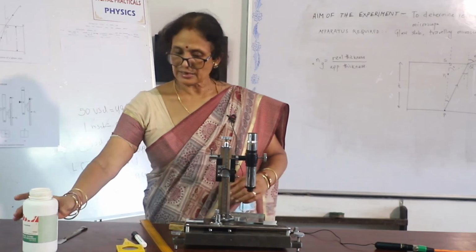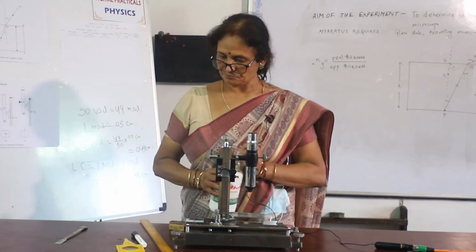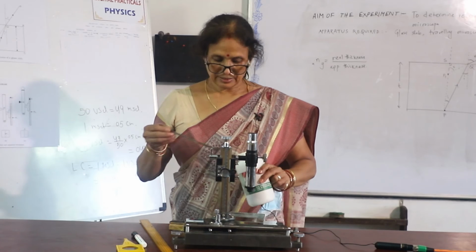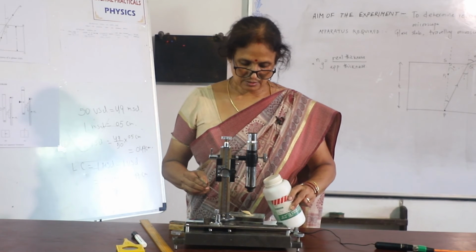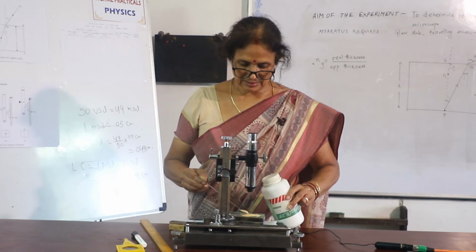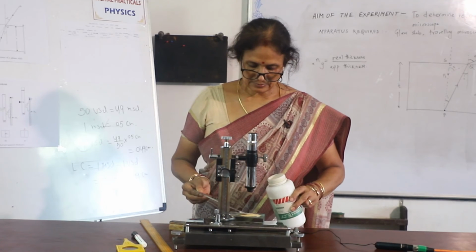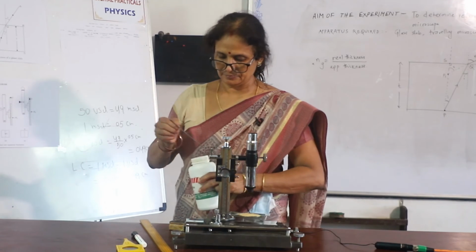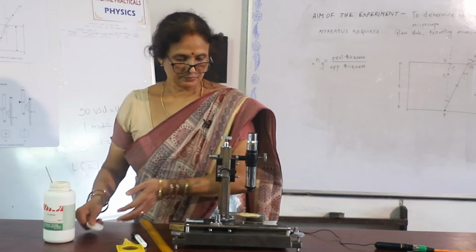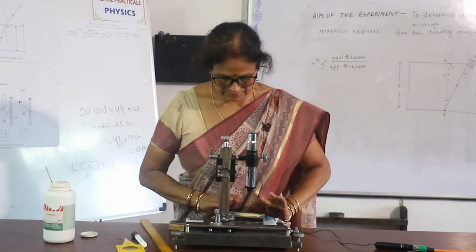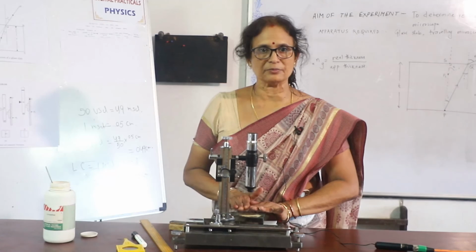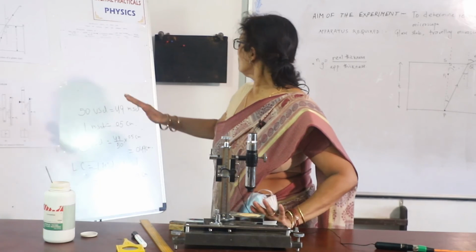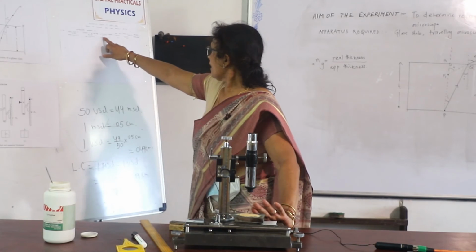Then sprinkle some lycopodium powder on the cross mark so that you will not see the cross mark now. You will focus the lycopodium powder. That means sprinkling lycopodium powder means you are focusing the upper surface of the glass slab, which will give you this R3, lycopodium powder.